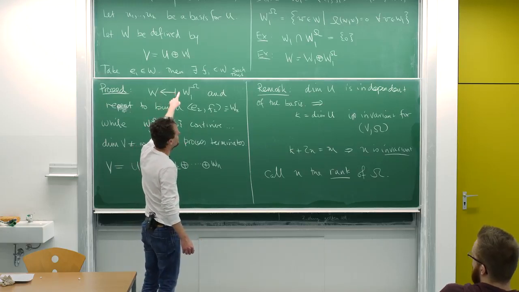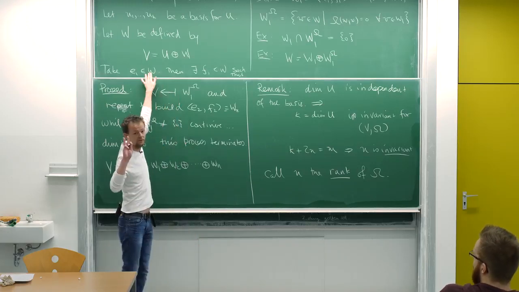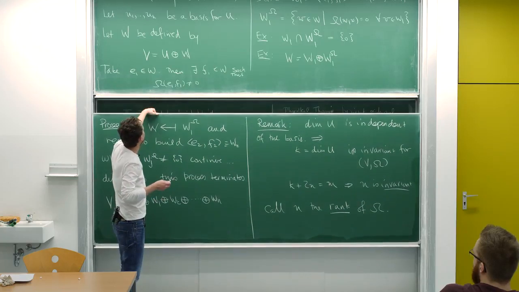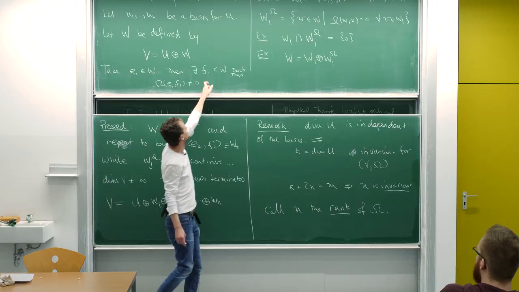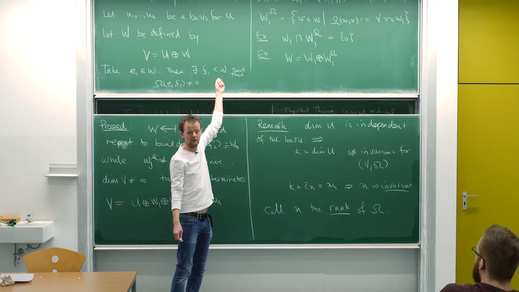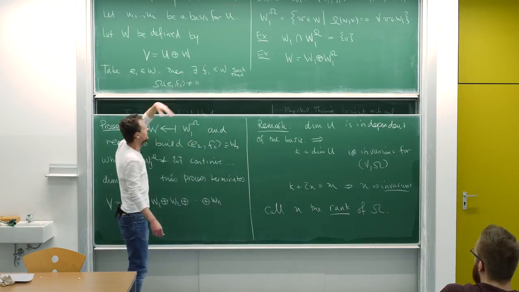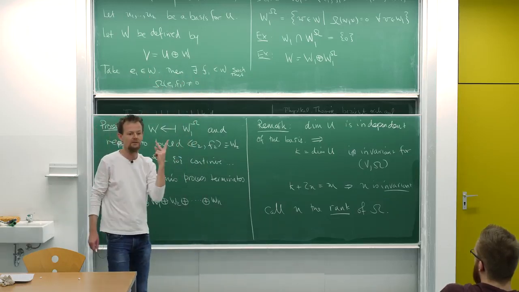Well, at the inductive step, we always get two vectors. So there exists, take E1, then there always exists another one. So at this inductive step, every time you apply it, you know that you're going to get two vectors.